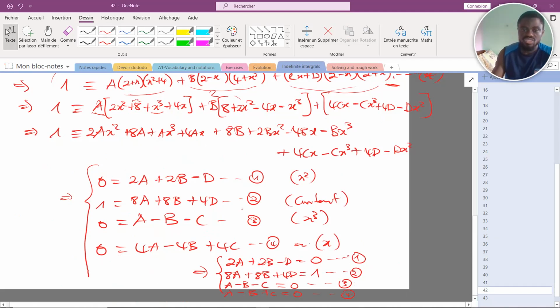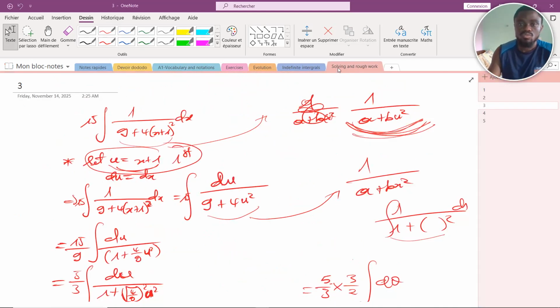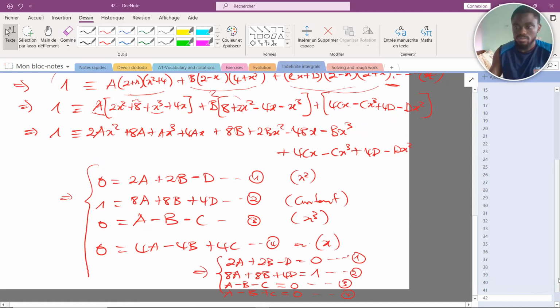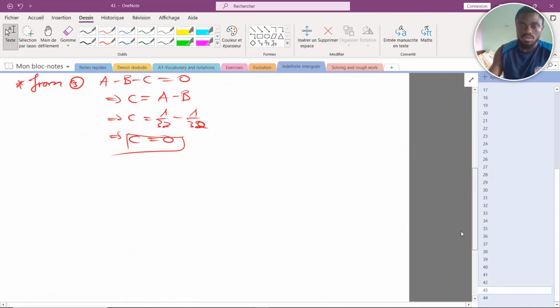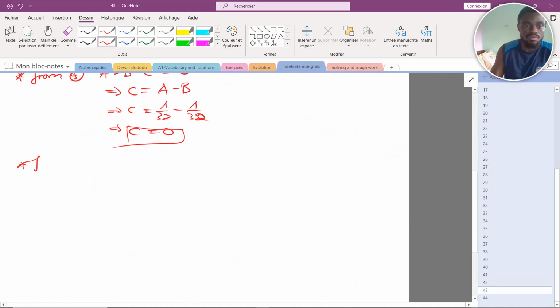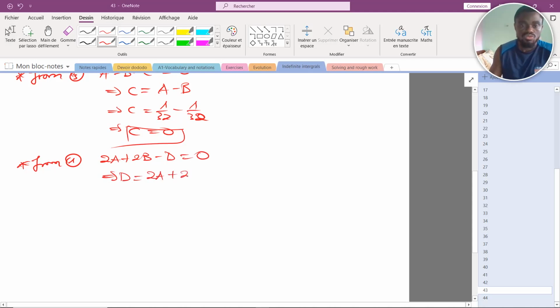So let's use equation 1. From equation 1, we have 2a plus 2b minus d equals 0. This implies d will be equal to 2a plus 2b.